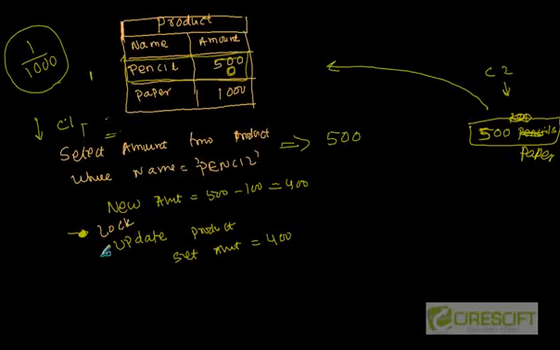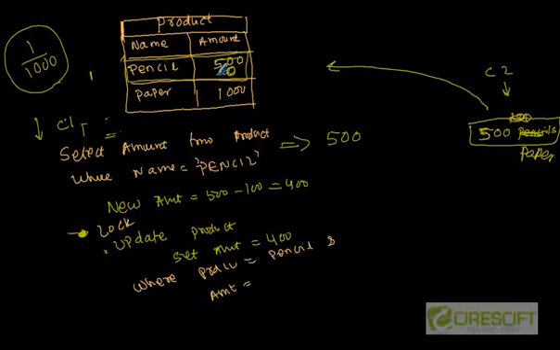So what I'm going to do is update the product and set the amount to 400, where the product is equal to pencil, and importantly we are going to give another condition: where amount is equal to the amount that it was when I started this transaction.